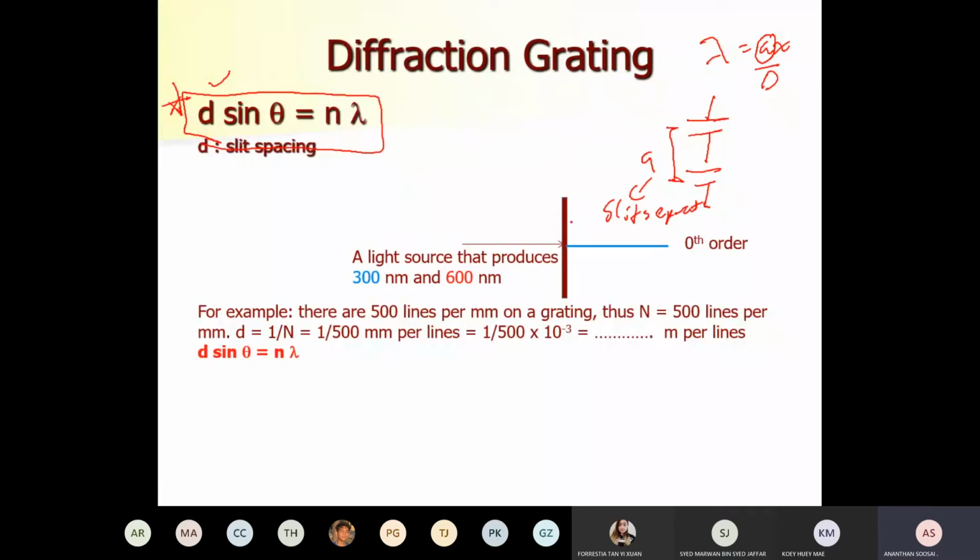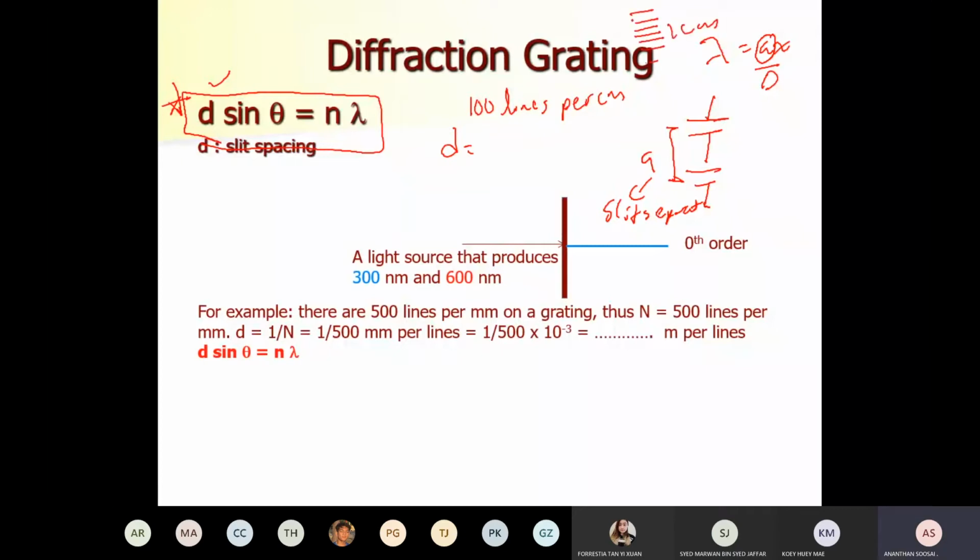For a diffraction grating, let's say you have 100 lines per centimeter. That means the d value, the slit spacing, is how much? Anyone? One centimeter has 100 lines, 100 slits.